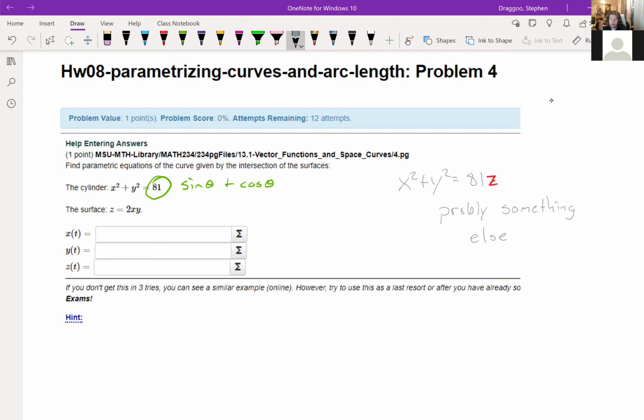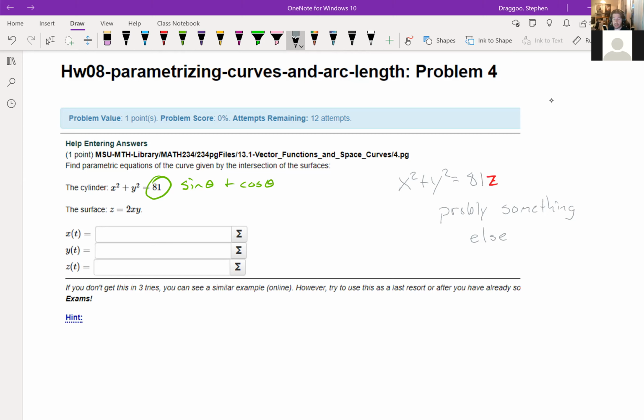So the big difference between the two is that in one case, we're equal to a constant number, and in the other case, it's equal to some variable. If I've got another variable in there, sine and cosine doesn't always work as well. But anytime it's like x squared plus y squared equals constant number, more than likely sine and cosine is going to be the parameterization that we want, because we're looking to go around a circle.